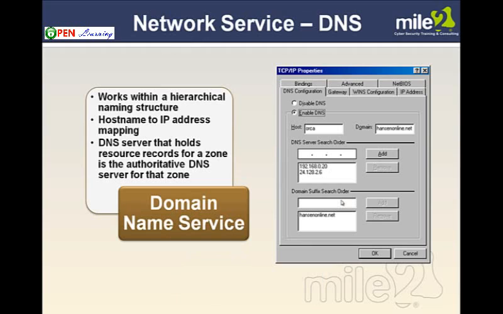DNS, Domain Name System, it is a hierarchical system. It does map the name of the computer, host names, to the IP address. We have DNS servers that hold resource records for a zone. It's called the authoritative DNS record for that zone. We call this domain name service.